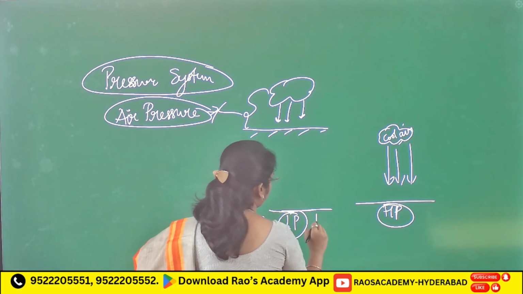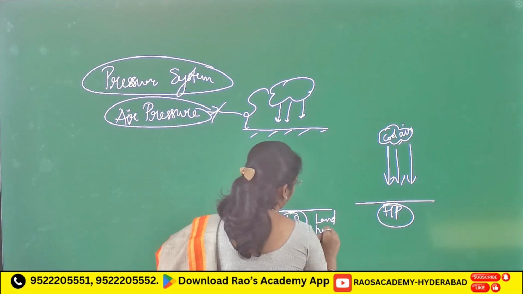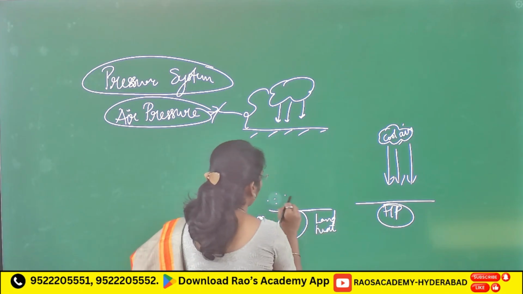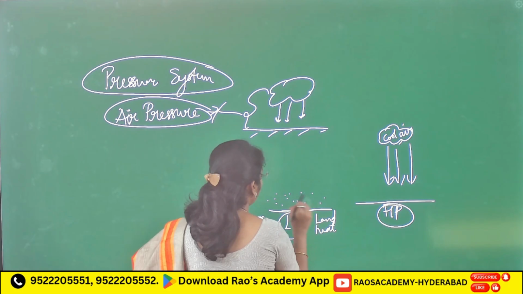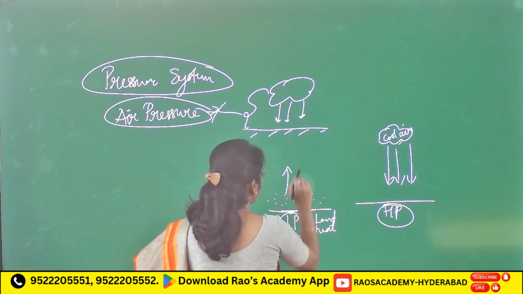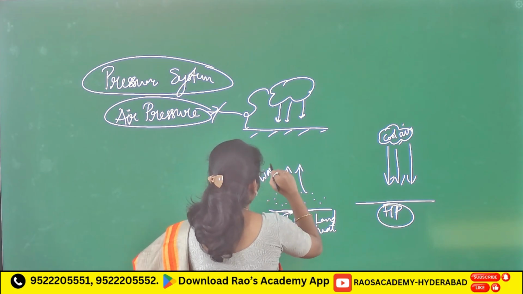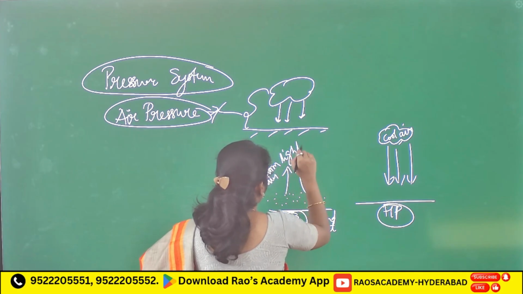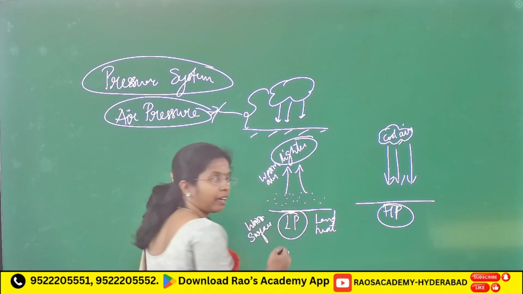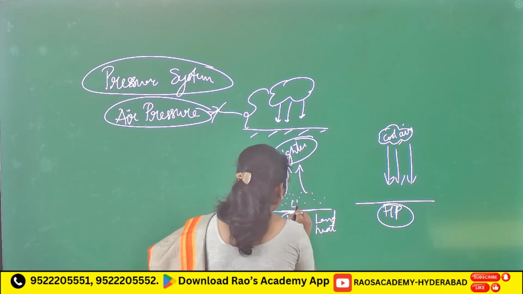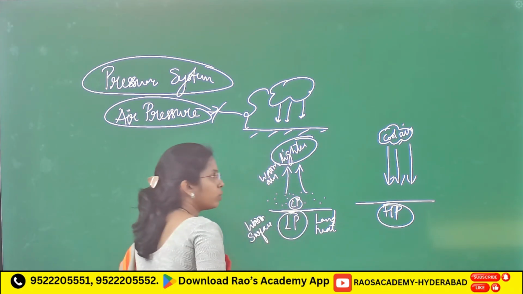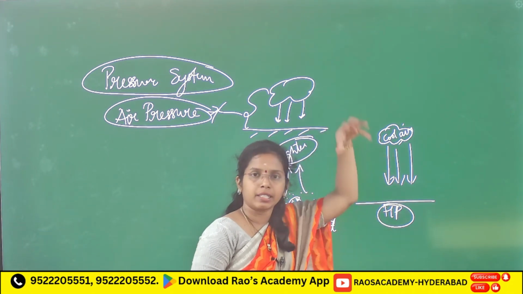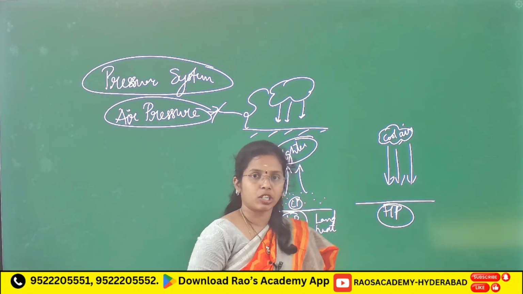Land heats up, and because of this the air molecules also get heated and rise. This warm air is lighter and it rises. Here you will see low pressure. Here cool air is coming, it is sinking, means high pressure.